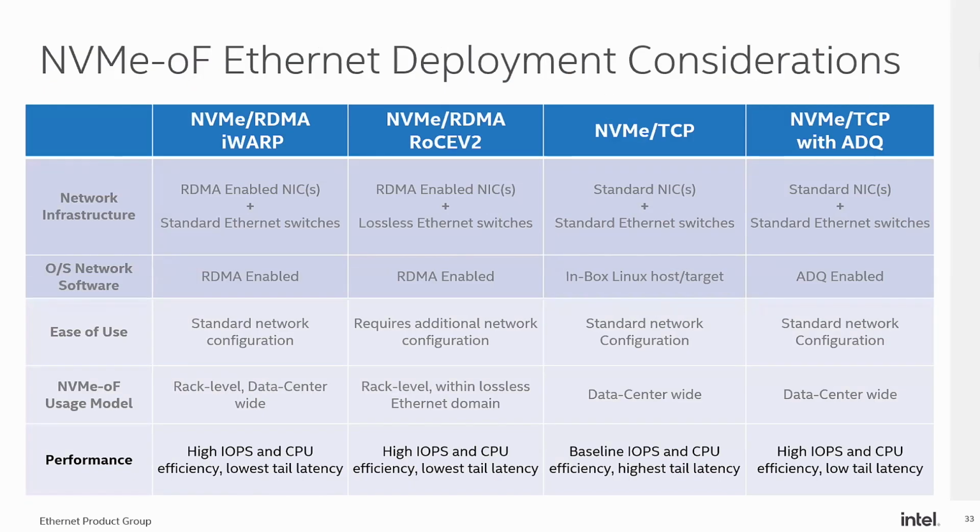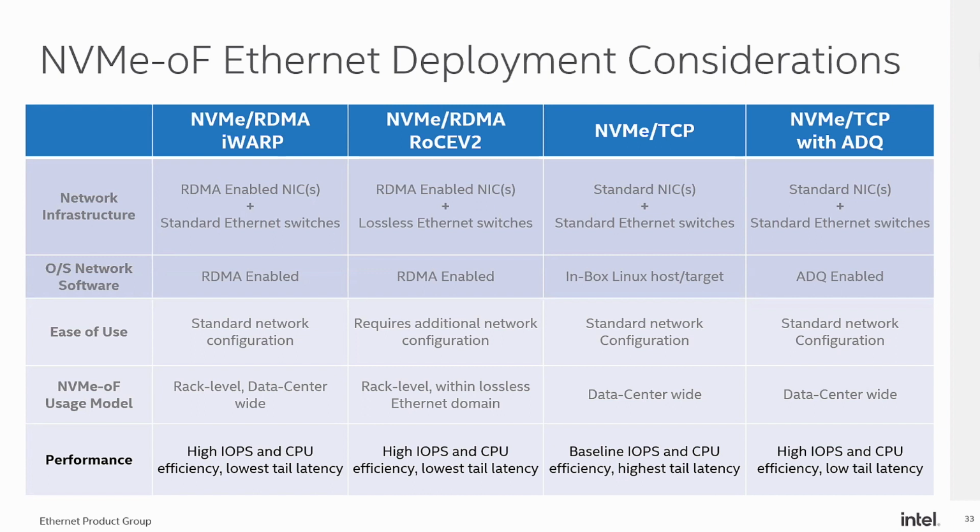To add the performance attributes to what they've talked about regarding the network infrastructure, OS stack, and user model of different Ethernet transports, you can see NVMe over TCP actually provides a baseline IOPS and CPU efficiency. It has a little bit higher tail latency, but it can work across the data center.